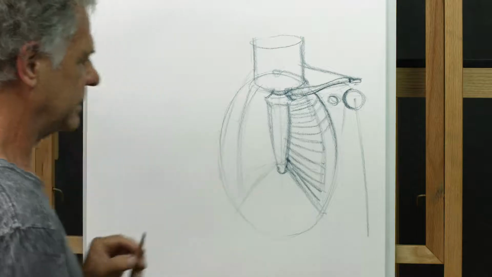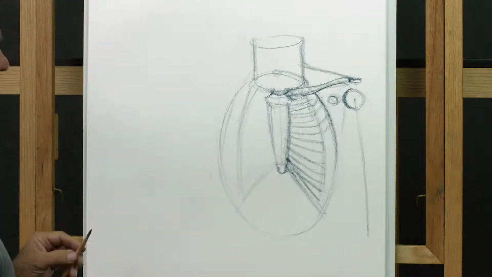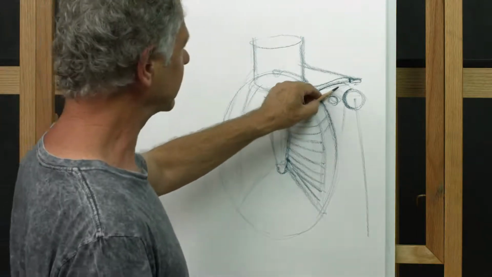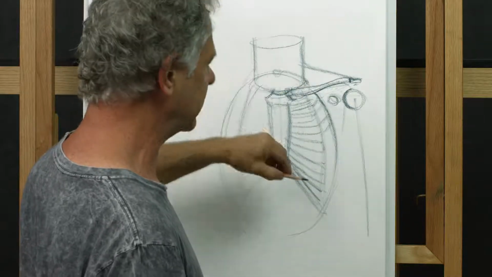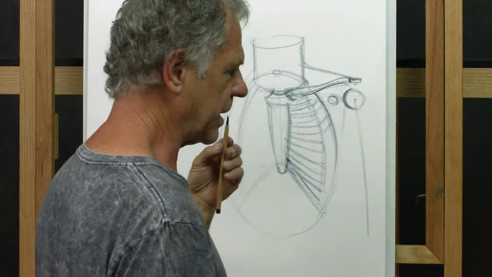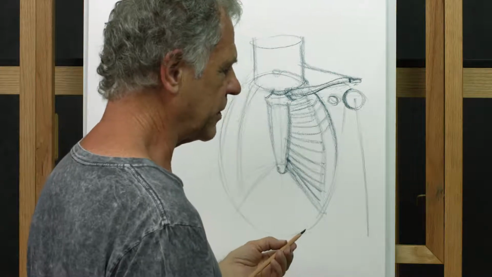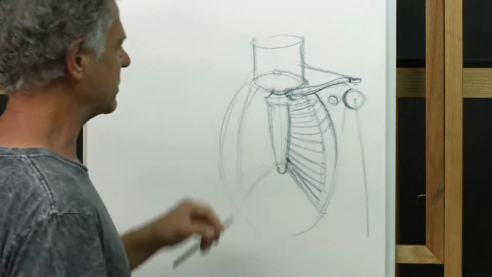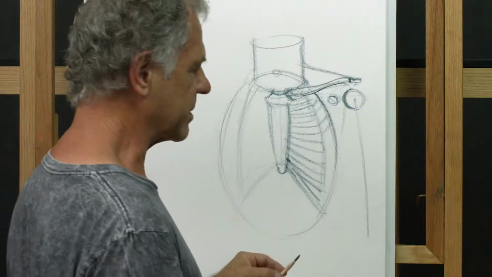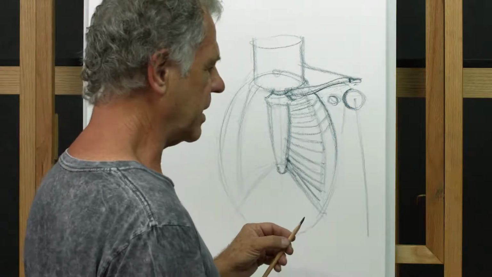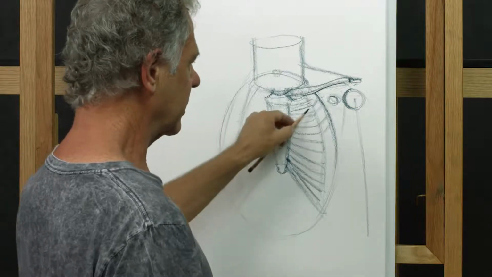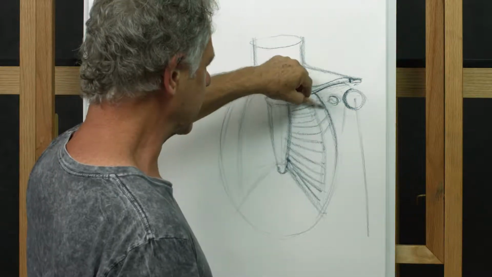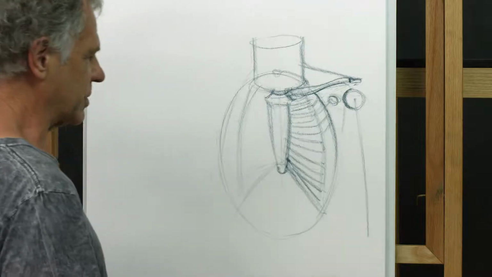And we could also talk about the deltoid. But before we do, I just want to discuss for a moment the pectoralis muscles, the pec minors. And they are essentially coming off from the ribs here, and they're underneath the pec majors.